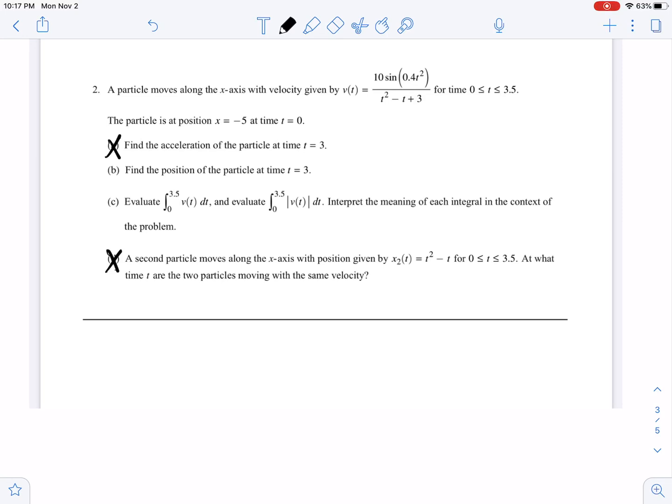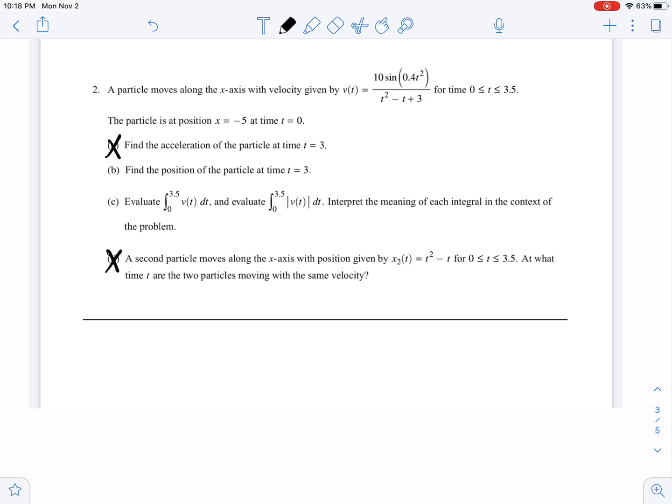And now here is the power of what we're doing right now: we can set this up pretty easily. To find the position of the particle at time t equals 3, what we do is we integrate velocity, right? And then we can plug t equals 3 into it.